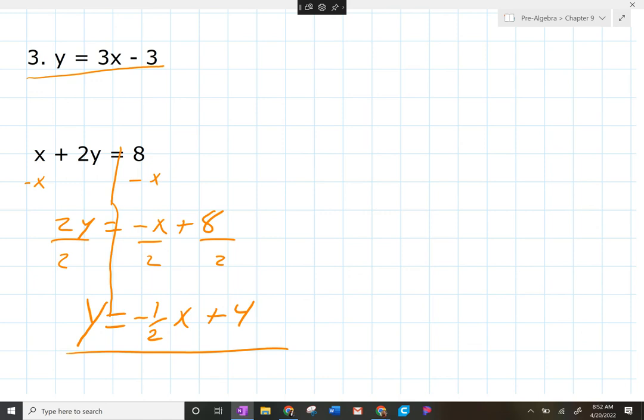So 3x minus 3. Well, this is telling me. Yeah, you did. So you first want to write down negative 3. Just write it down yourself every single time.